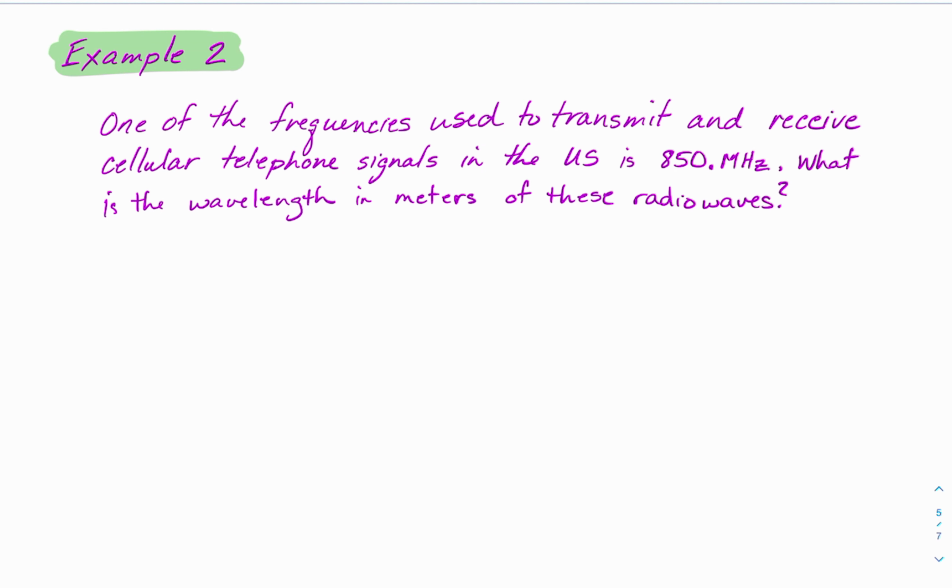So again, we're going to be using the word frequency and wavelength. So we know that the equation that we're using is the speed of light equals wavelength times frequency. So let's rearrange this problem to solve for wavelength. And that looks like c over frequency.